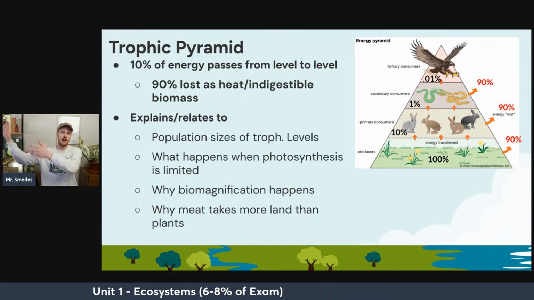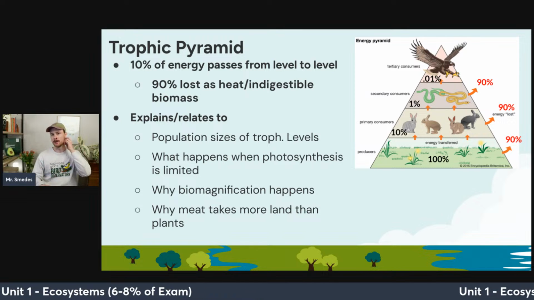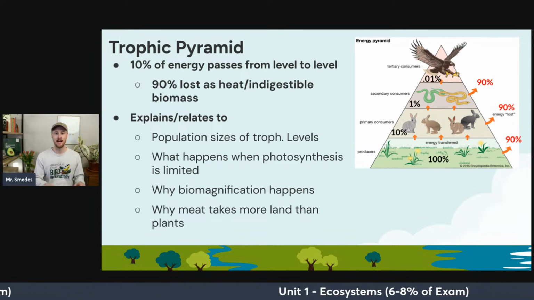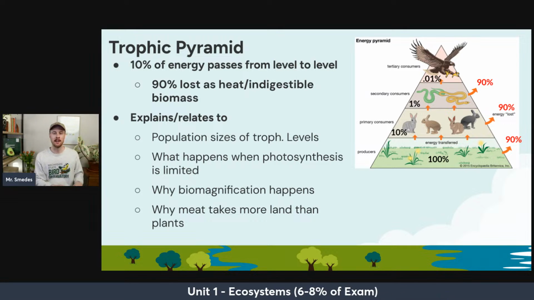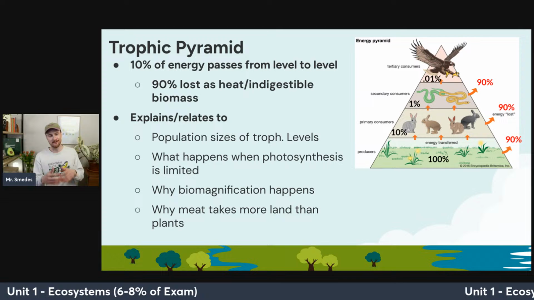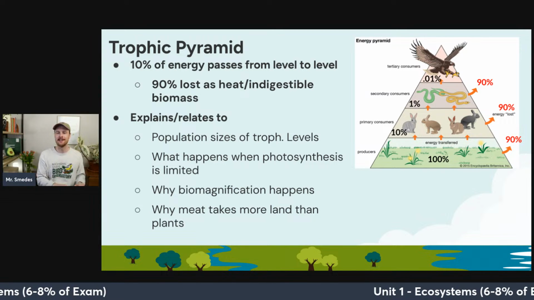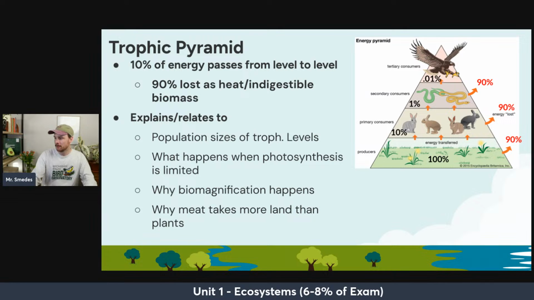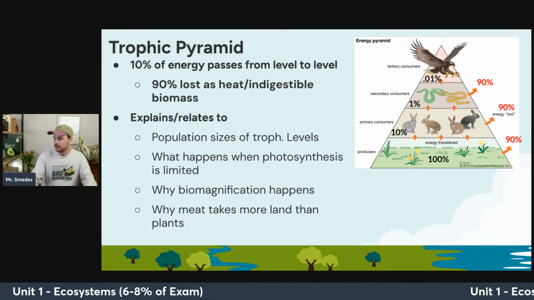Energy is leaving my body as heat because of my cellular respiration and because of my movement and everything. And so that energy just doesn't make it to the lion. And then the lion probably wouldn't be able to eat every single part of me, so some of that energy would stay in the part of me the lion couldn't eat. So I got kind of morbid there real quick. But yeah, you get the idea.